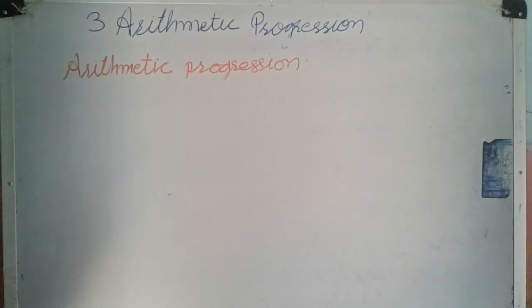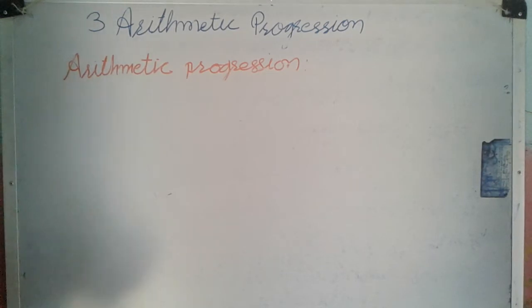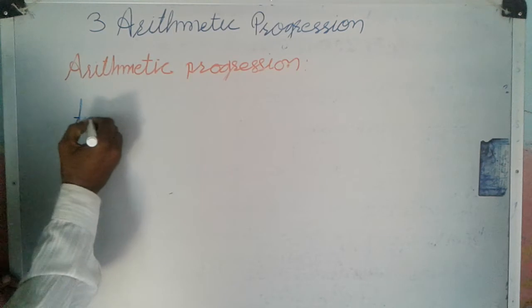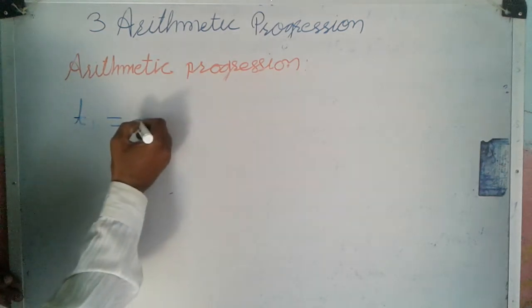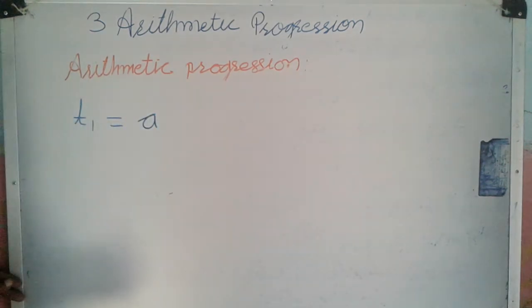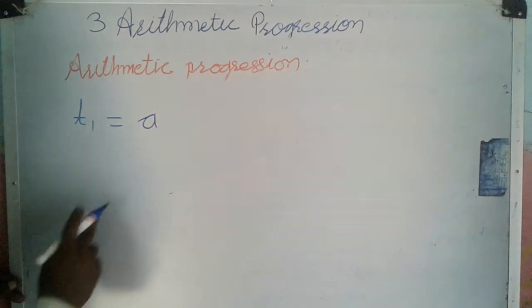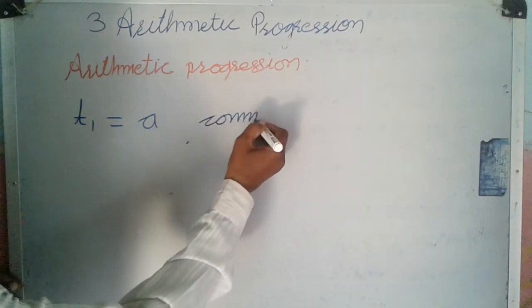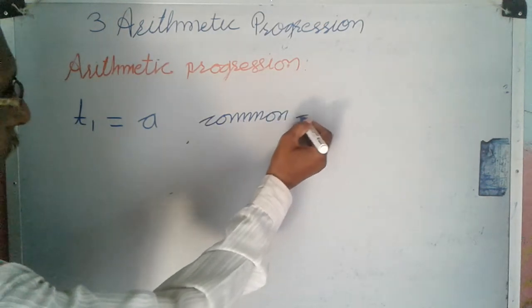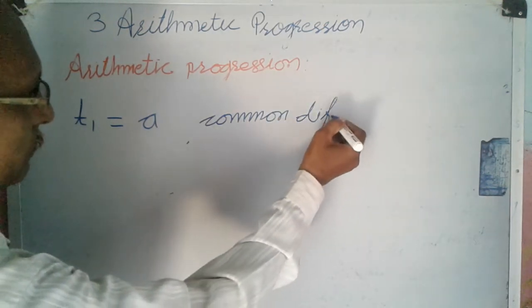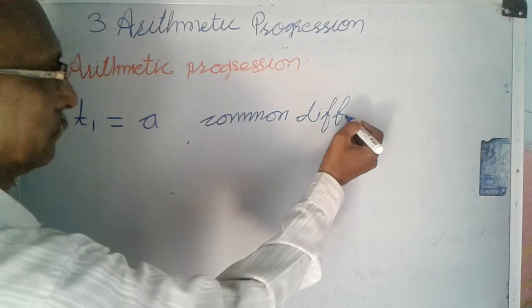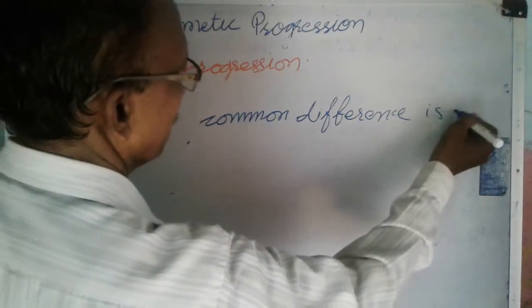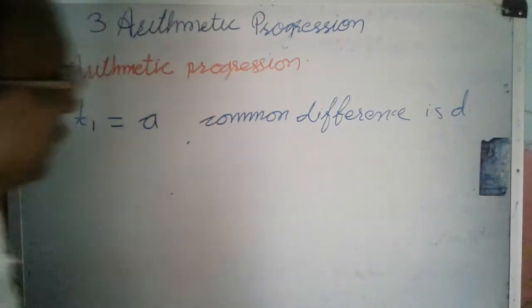Now in arithmetic progression, generally the first term is denoted by a, first term T1, and the common difference d.